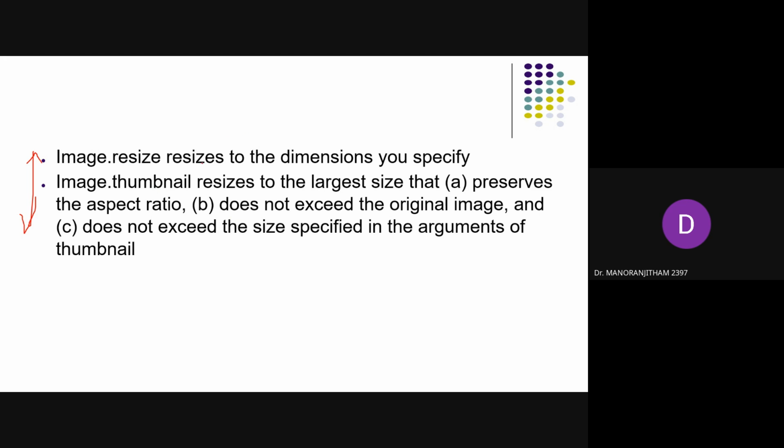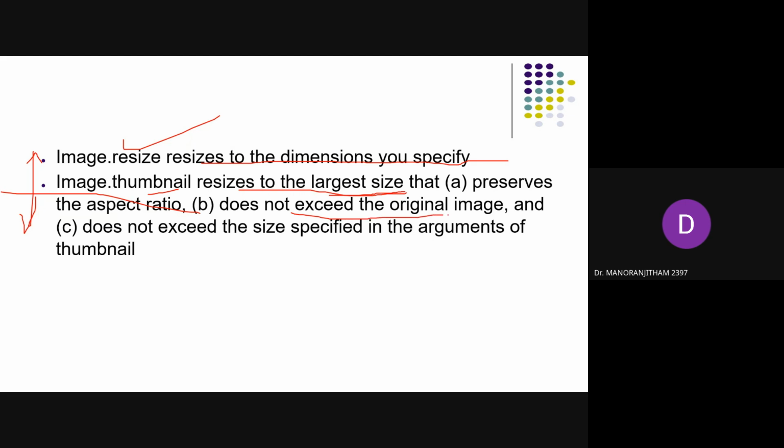Resize will resize to the dimensions you specify. Thumbnail resizes to the largest size, but within the original image size only. It also preserves the aspect ratio, which means the quality of the image should not go below. It won't sacrifice that.